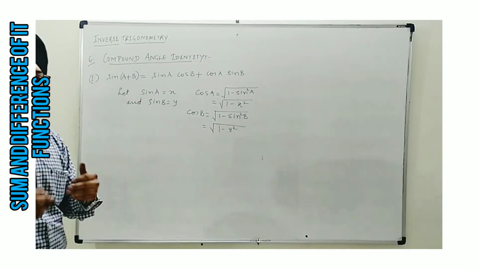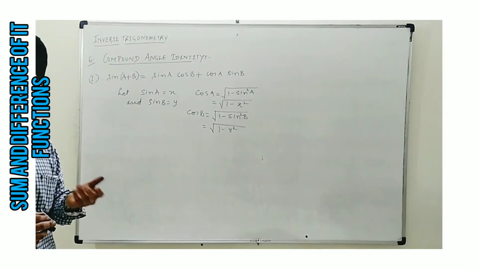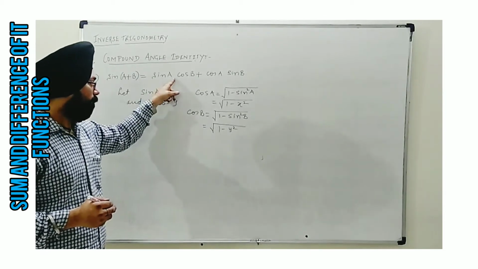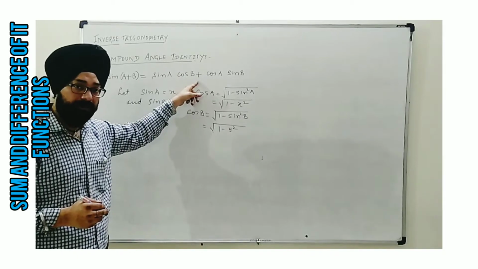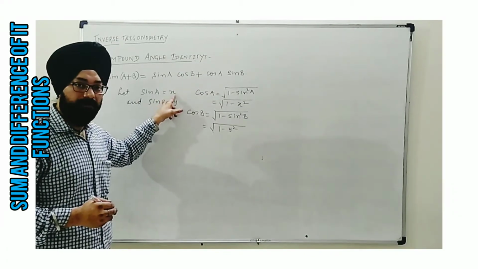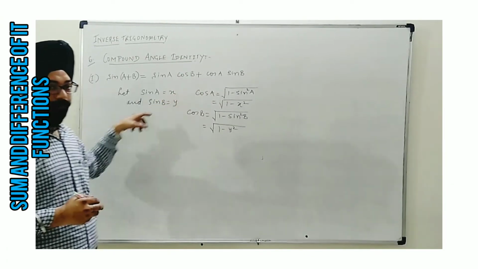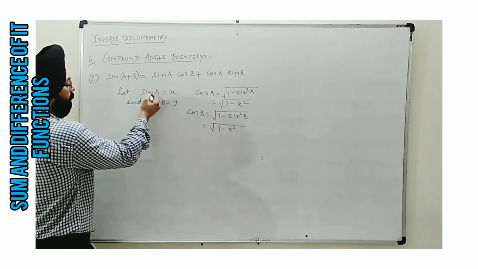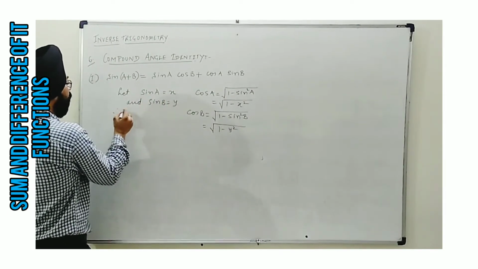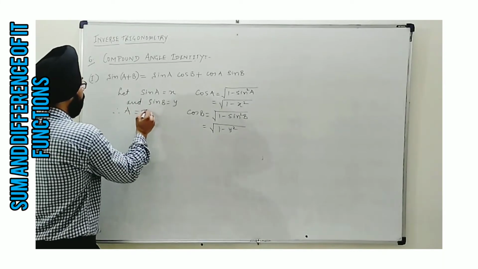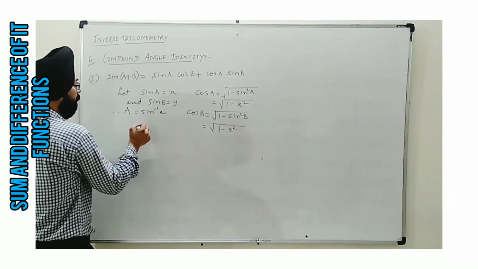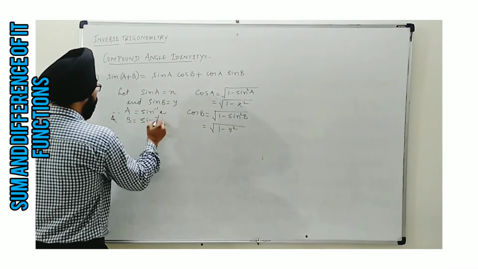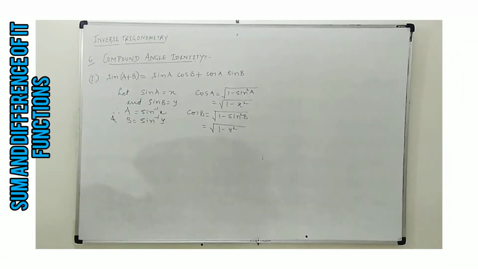In inverse trigonometric identities, when we derive and group them, this is the purpose: we convert the given trigonometric functions into these values taken as x, y or z. So sine A is equal to x. The previous theory says that we can write A as sine inverse x, and B as sine inverse y.